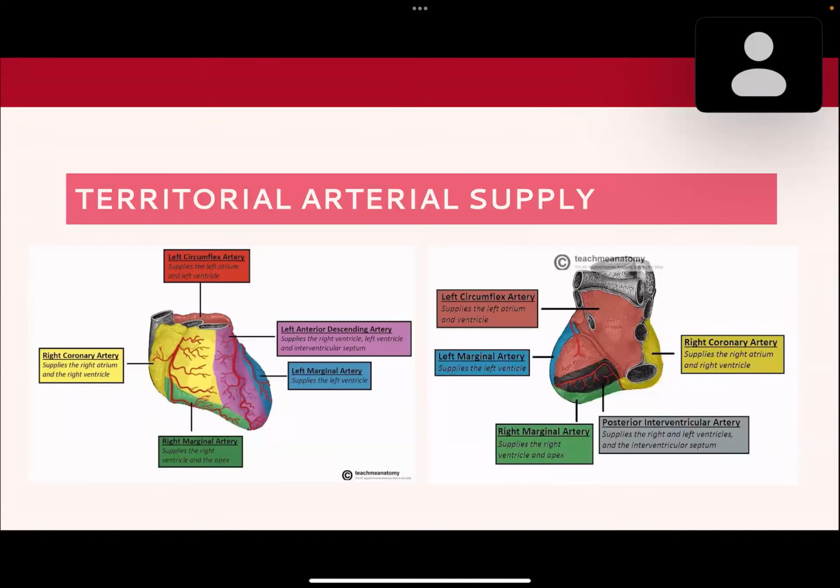But next thing is the territorial arterial supply. You might be questioning, why am I even explaining this to you in a physiology lecture? One of the main and most important uses of an ECG is that it shows you exactly which artery is blocked and what side of the heart it is affecting.